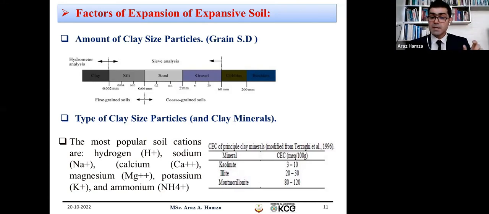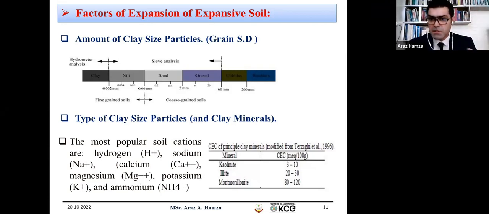Why? Because of the cation exchange capacity. Why do those types of minerals have such a situation? Because they can extract the water. Why can they do it? This is the chemical reaction, because they have a high cation exchange capacity.